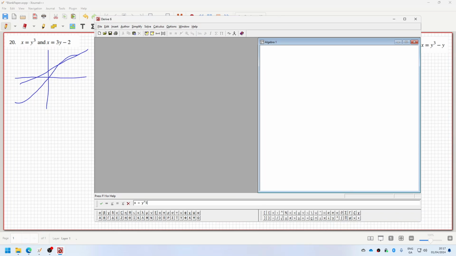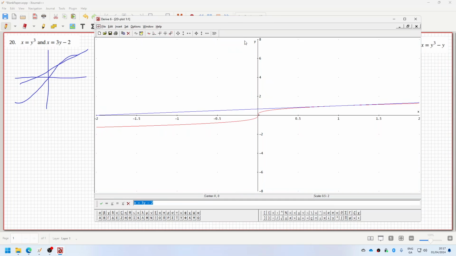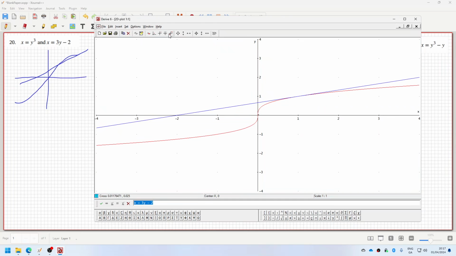X equals y cubed. Okay, that's okay. And then x equals 3y minus 2. Yeah, that would be a tough one to judge.